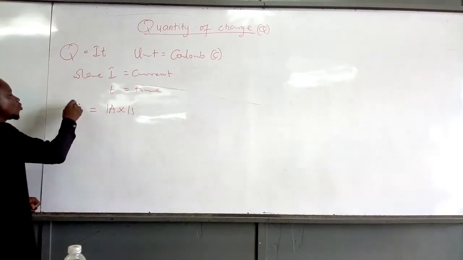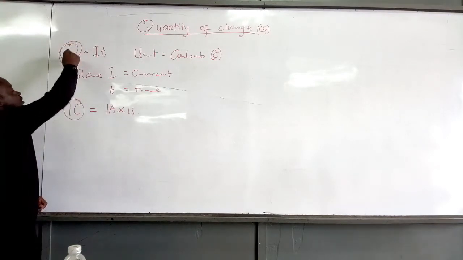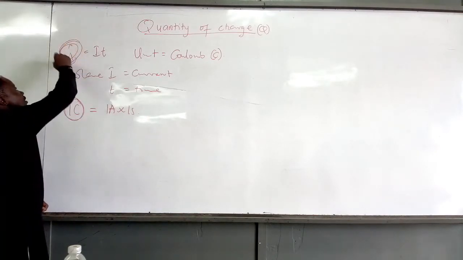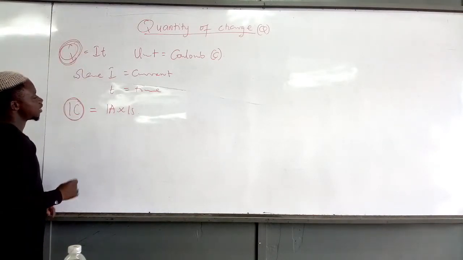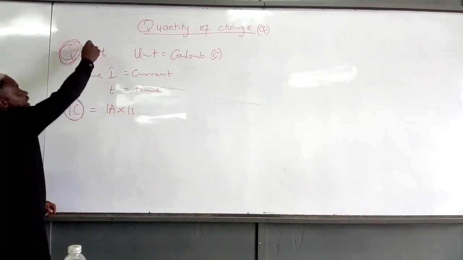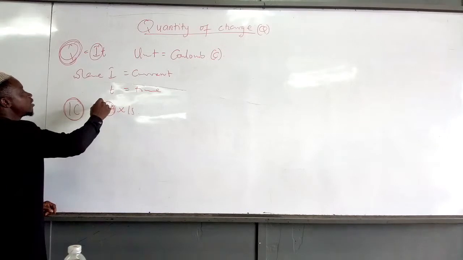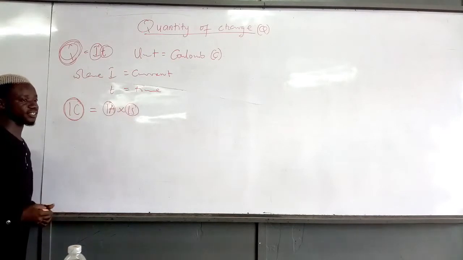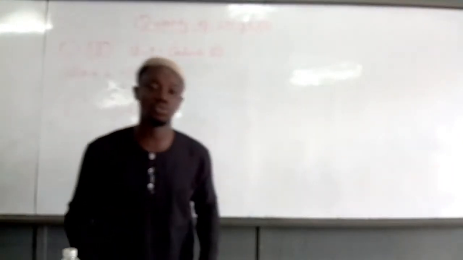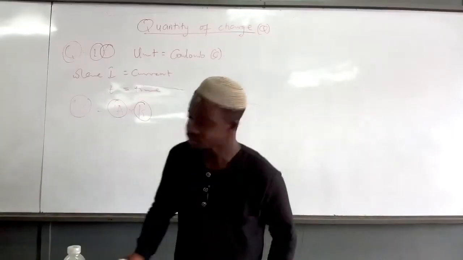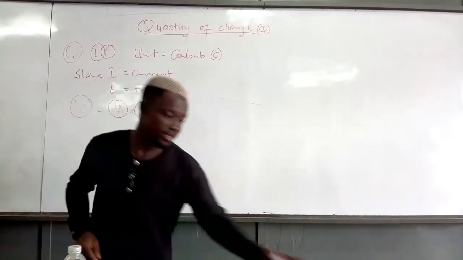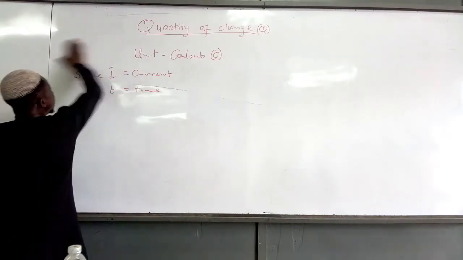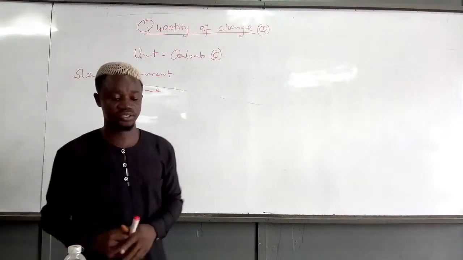So therefore, we define Coulomb as the quantity of charge in a conductor when a current of 1 ampere flows through the conductor for a time of 1 second. That is how we define Coulomb. Good. So take note of this equation very well. I'll write it when the board is dry.